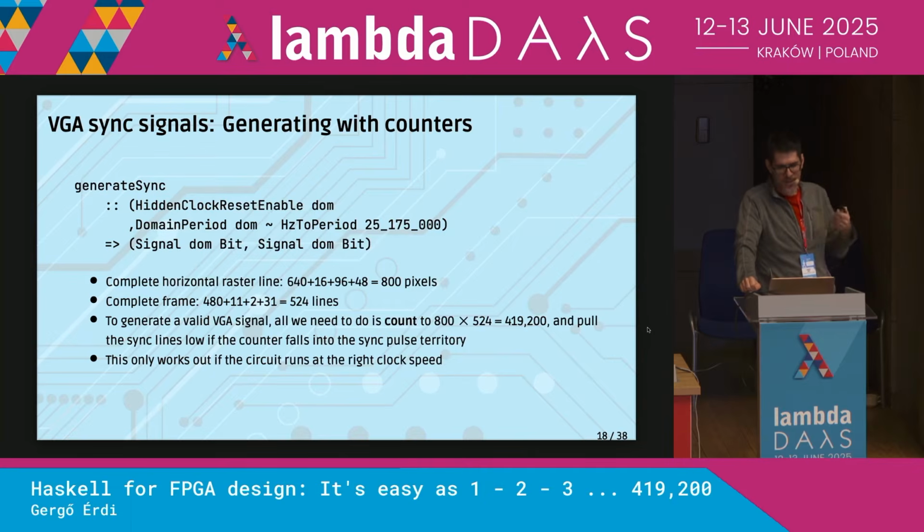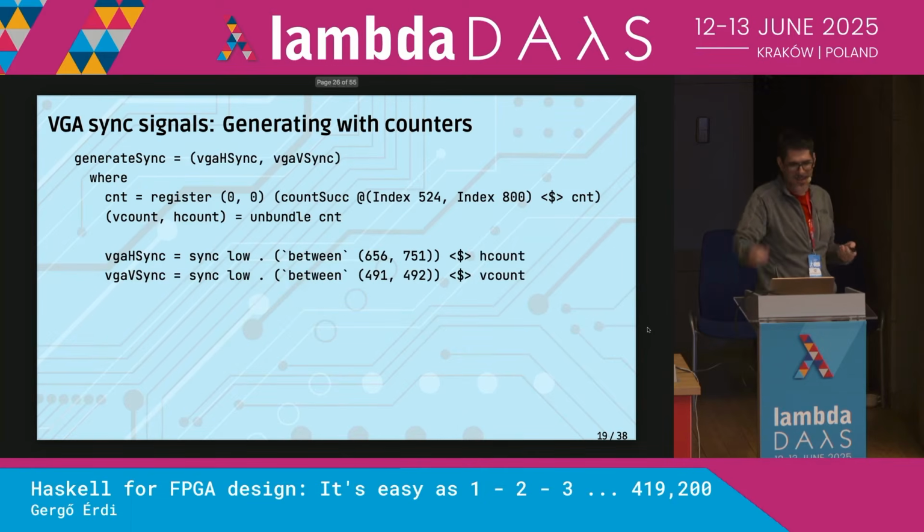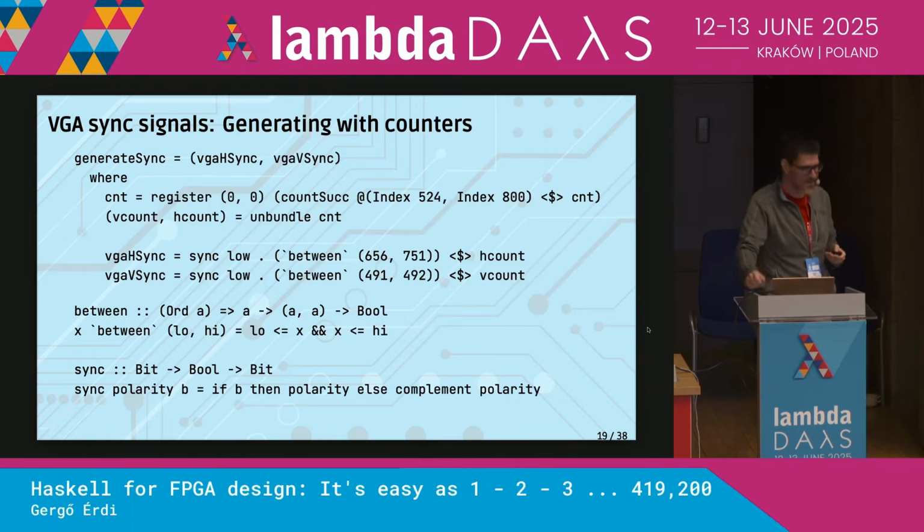Okay, so we already know how to do this, right? Because our horizontal and vertical sync signal can be computed by taking our counter from before and checking if it's between the start and the end of the sync, like those valleys. And that's just normal, pure functional Haskell programming. Something is between low and high if it's greater than or equal to low and less than or equal to high.